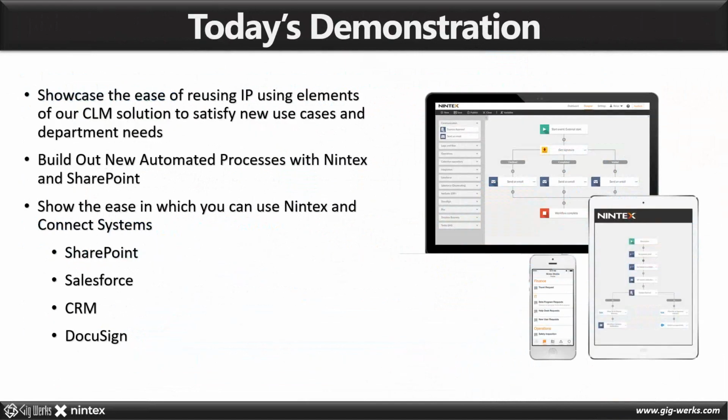So today's demonstration pivots off of the last two webcasts we did: building a CLM, modernizing the enterprise, the choices you have therein, how to approach projects with Agile, and the advantages that Nintex brings to Agile development. Today we're wrapping it up, if you will, with the reusability of that IP.